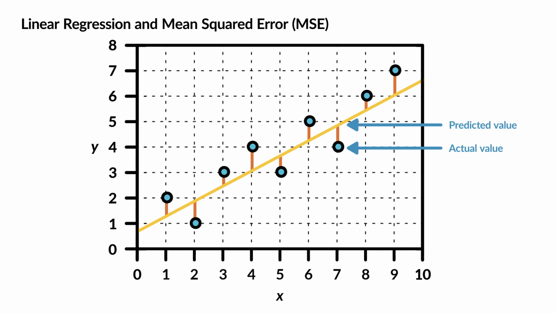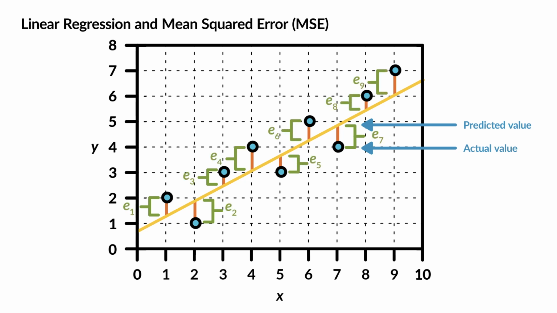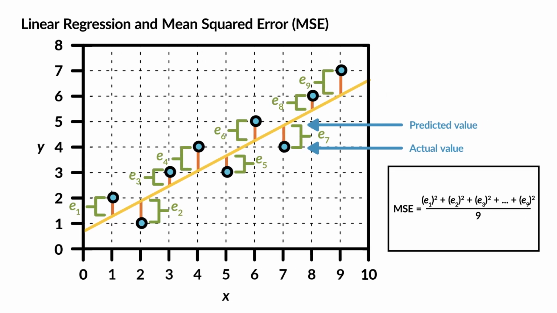MSE is the average of the squared differences, or error, between the predicted and actual values. Minimizing MSE involves finding the coefficients b0, the y-intercept, and b1, the slope, for the straight line that gives the smallest level of overall error.